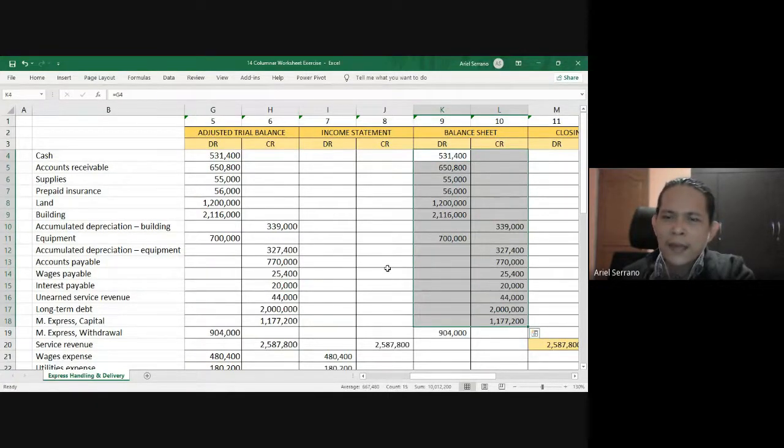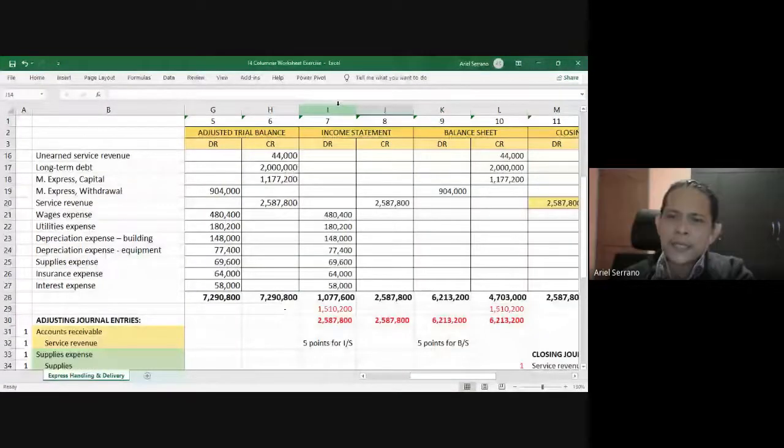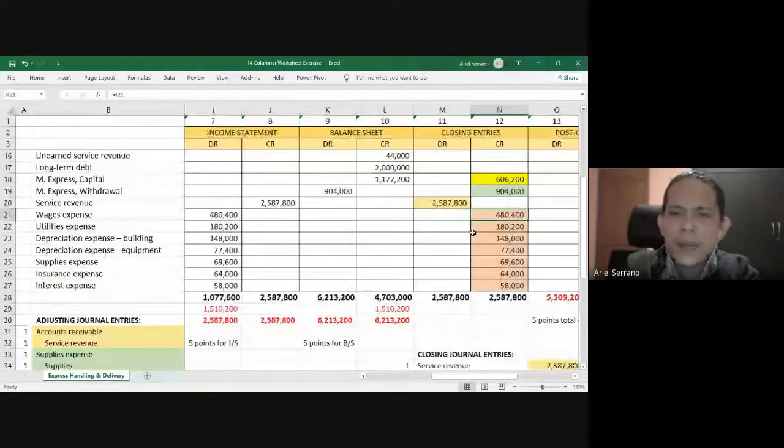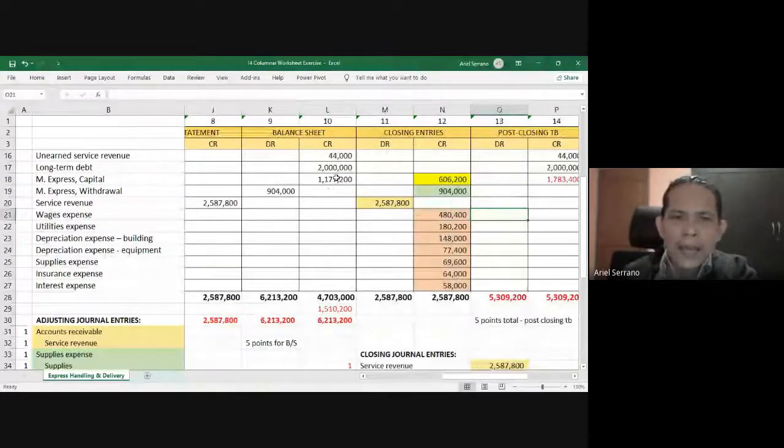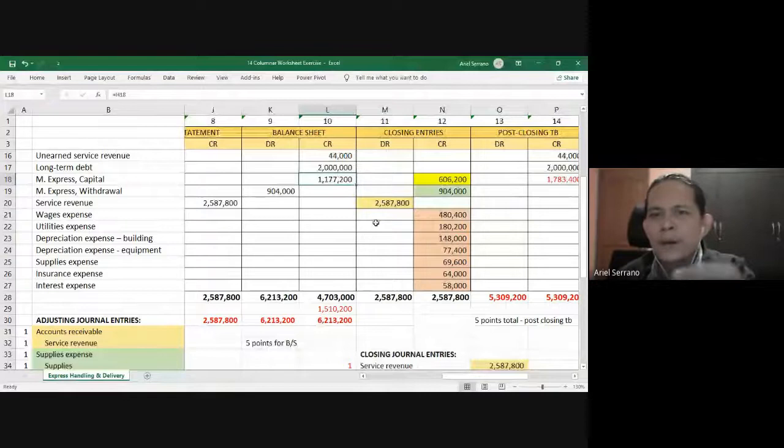And then, so your income statement. Changes in equity will simply be your beginning capital account before closing entry. And then what do we do after that? We have to add any additional investments.